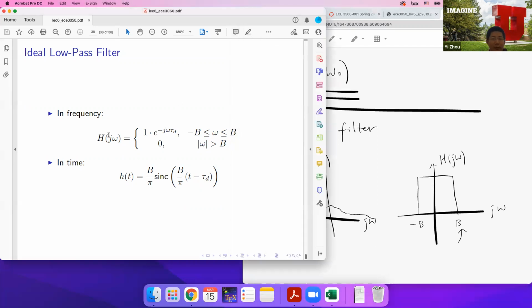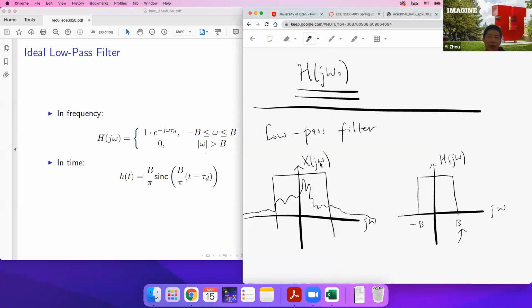So in general, the mathematical expression for such an ideal low-pass filter is like this: between the frequency band negative B to B, I want the response of the filter to be 1 multiplied by a phase part, and beyond that, the response should be strictly 0.